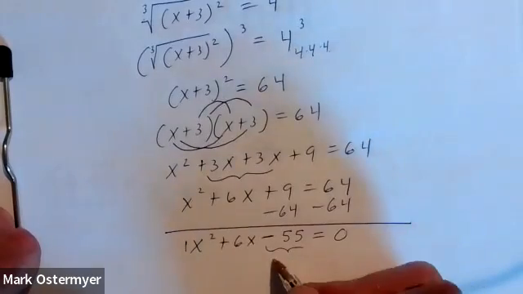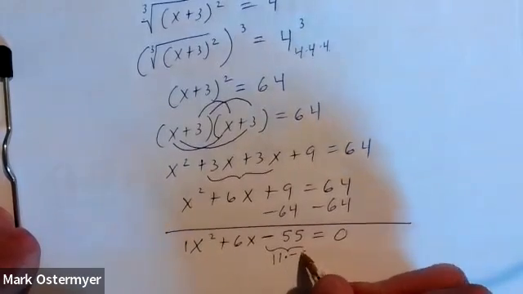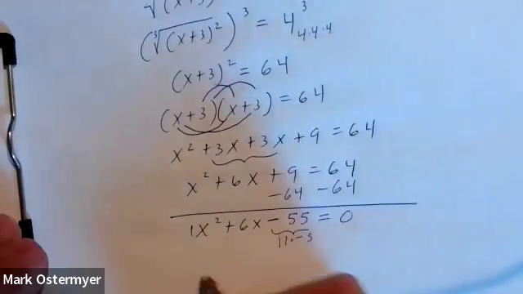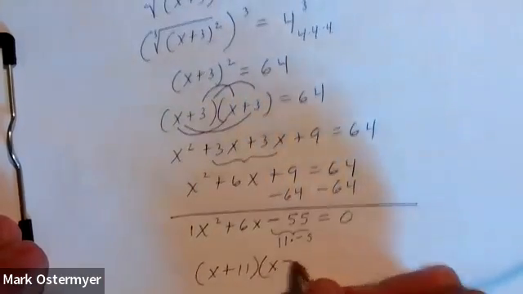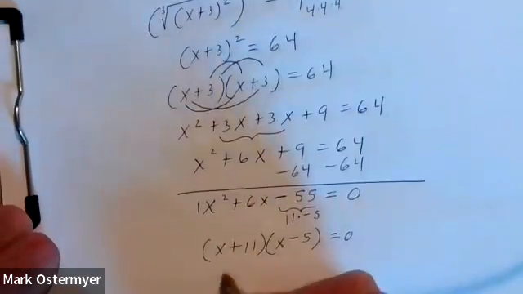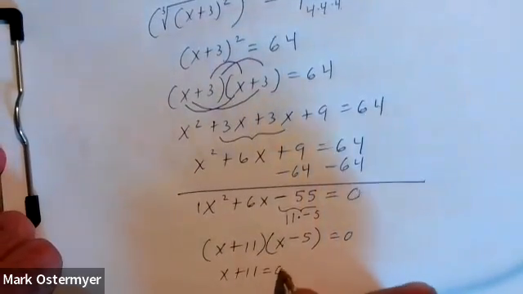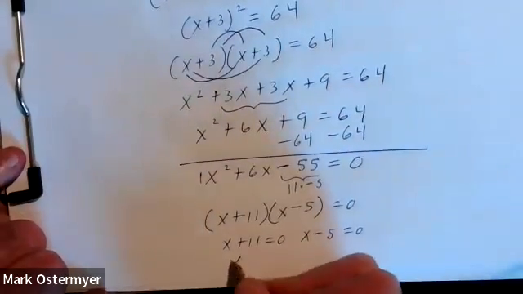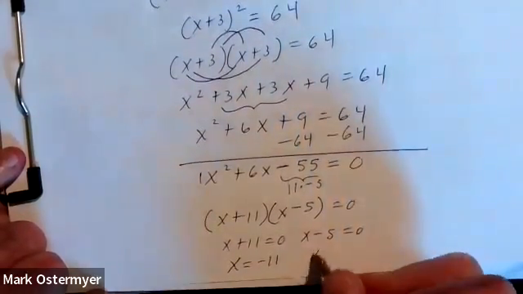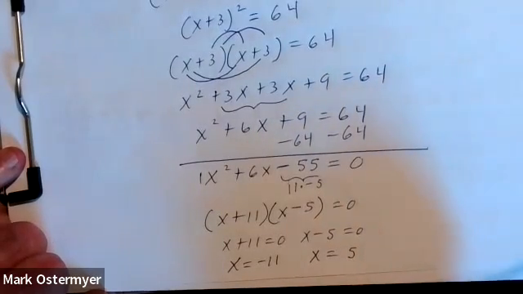After some thought, it's going to be a positive 11 and a negative 5. Therefore, this trinomial factors into x plus 11 times x minus 5. Setting both variable factors equal to 0 and then solving for x, we get our potential solutions. One solution is negative 11 and the other one is positive 5.